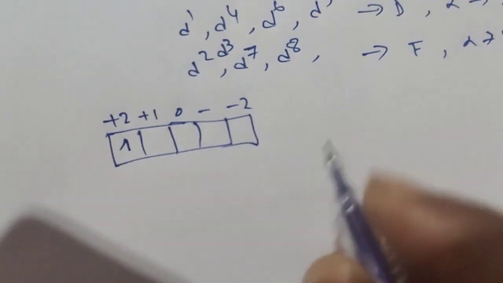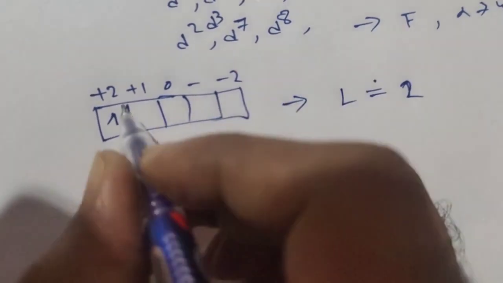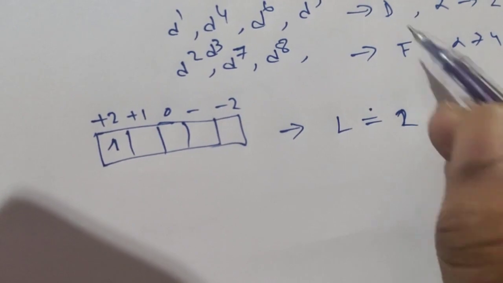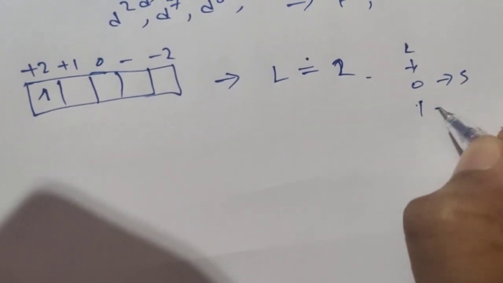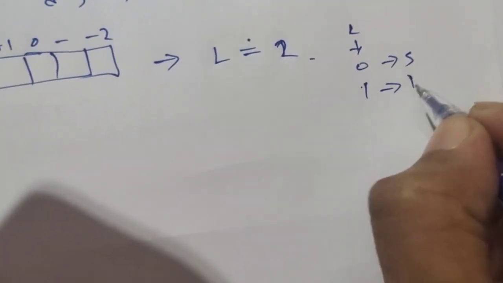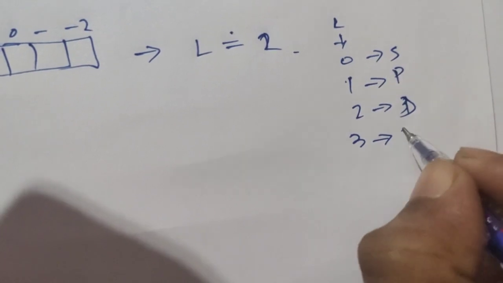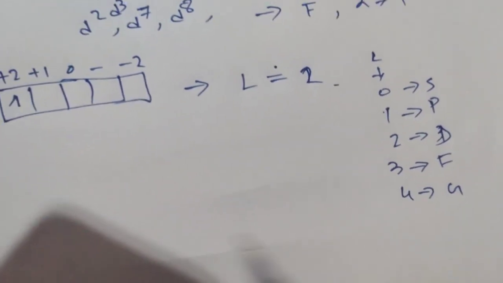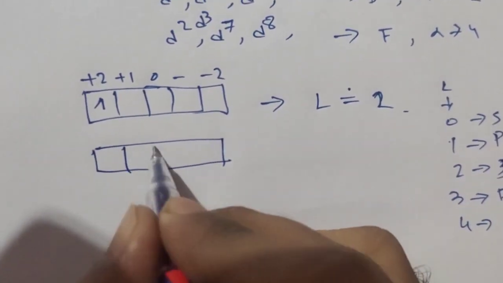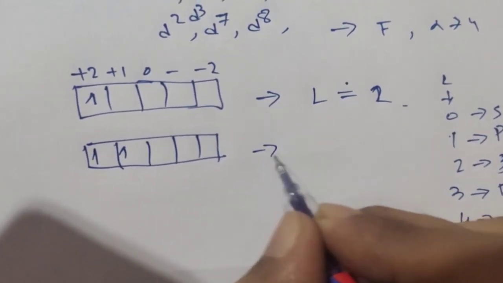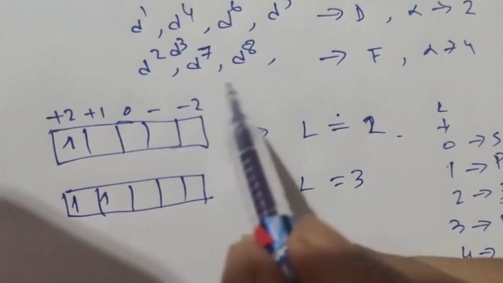So if there is one electron, the capital L value will be 2, and 2 corresponds to D, because we know L equal to 0 is for S, 1 for P, 2 for D, 3 for F, 4 for G, etc. When there are 2 electrons, the L value will be 2 plus 1, which is 3. So the term will be F.